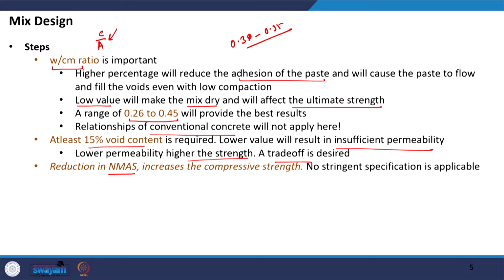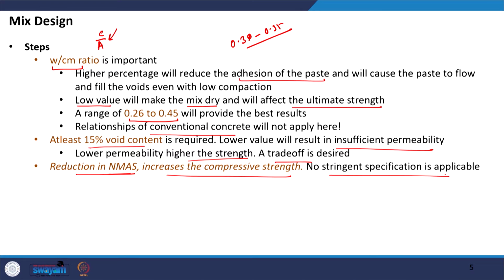Even there are researches available that say that you can use up to 4.75 mm nominal maximum aggregate size to achieve the desirable properties. So, usually reduction in nominal maximum aggregate size will increase the compressive strength, because the surface area increases and then you have more cement paste to bind them and the strength therefore increases. However, there is no stringent specification, as I mentioned, and people are still looking at these aspects.